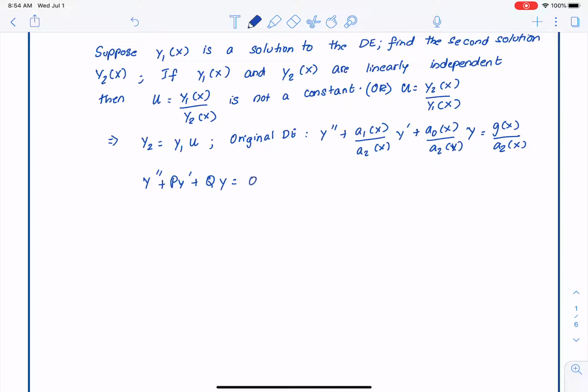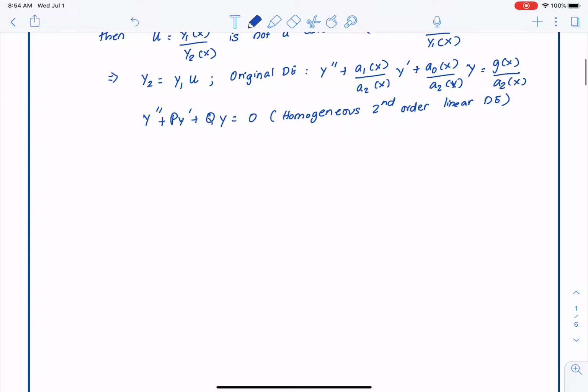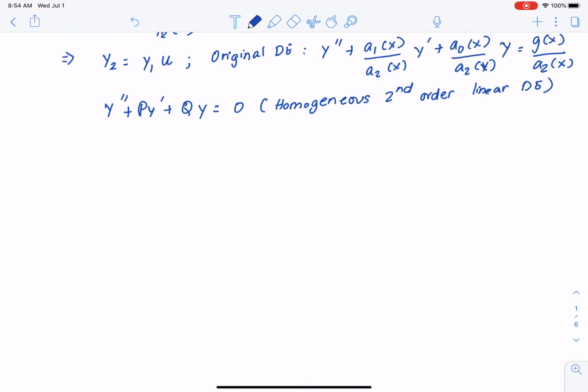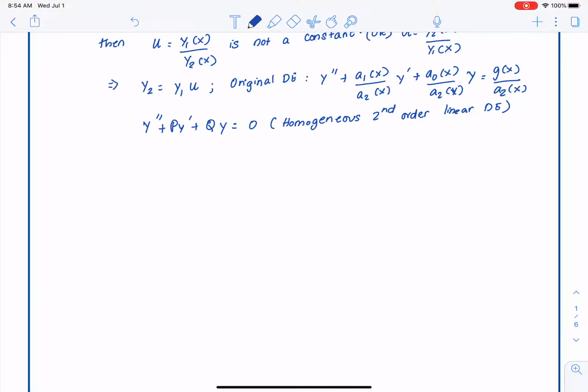In other words, we need a homogeneous second order linear DE. So we know that y1 is a solution. So we could find y2 prime and y2 double prime.